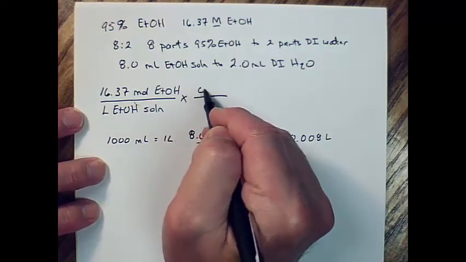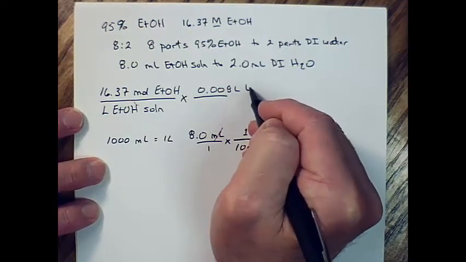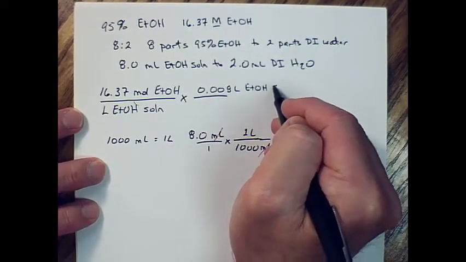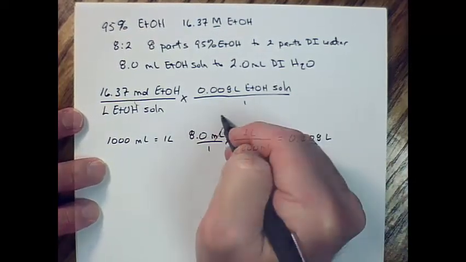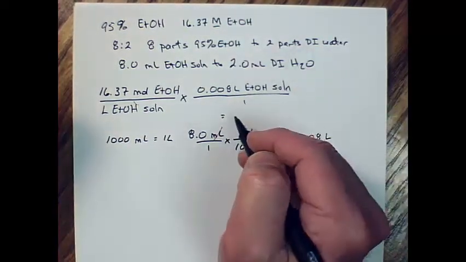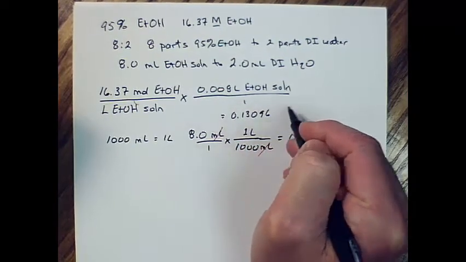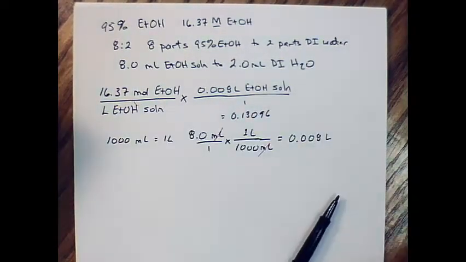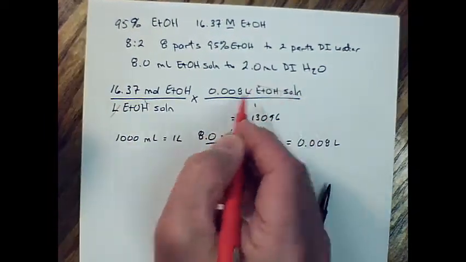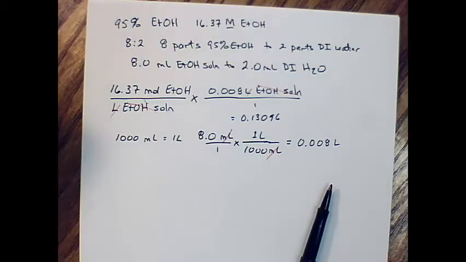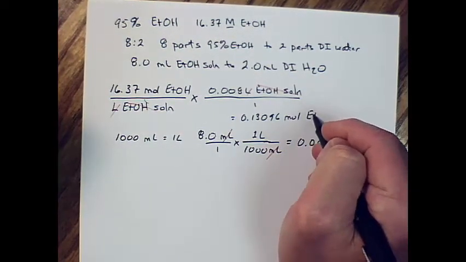And so I'm going to put up here 0.008 liters of ethanol solution is how much we are working with in this dilution. Put it over 1. And I'm going to get 0.13096. This is going to cancel out liters, and we're going to be left with moles. So this is moles of ethanol.